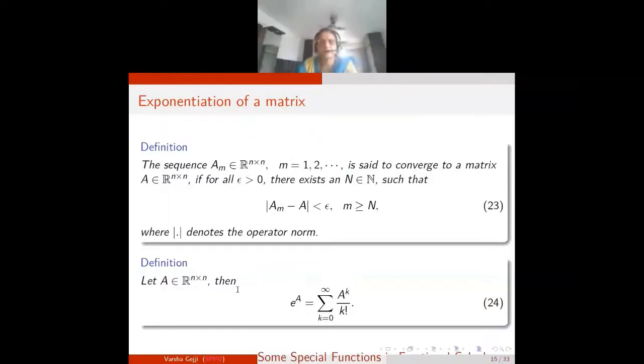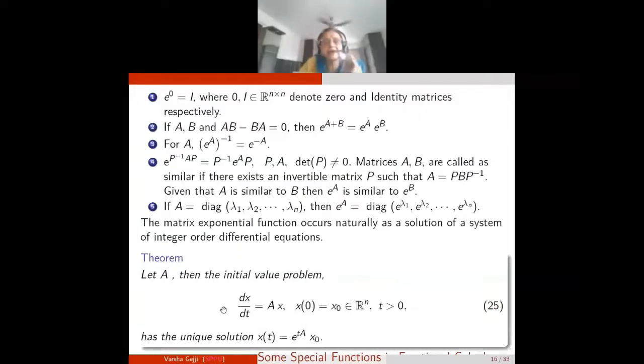With this, for those who are new to undergraduate studies and don't know exponentiation of a matrix, it is a very important concept, and it is defined here.